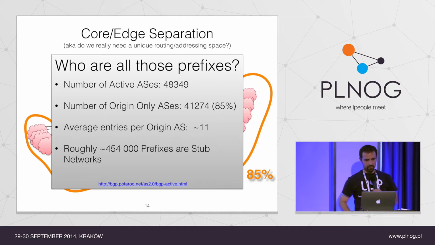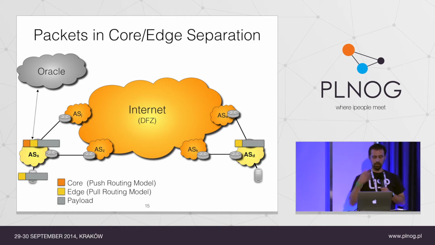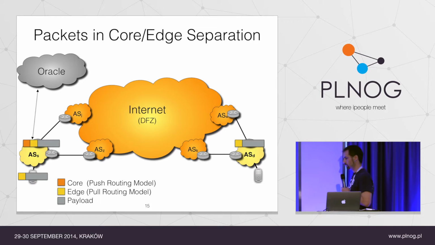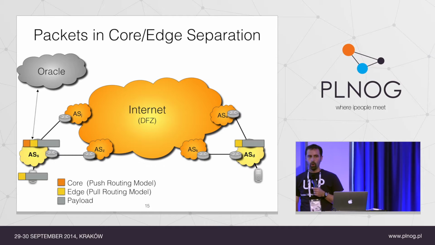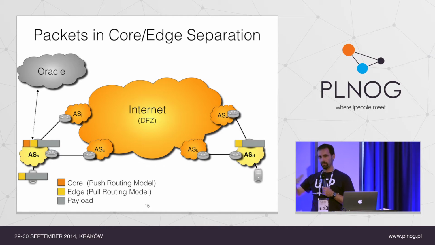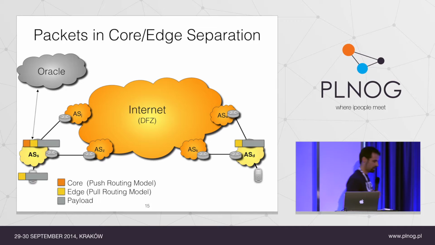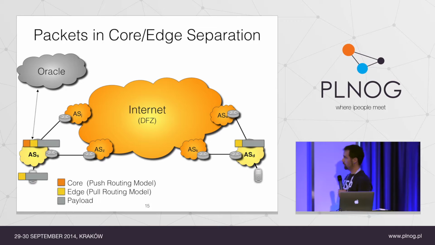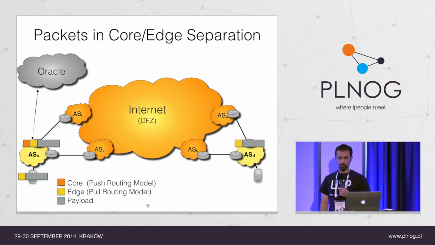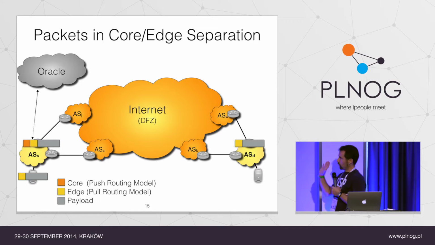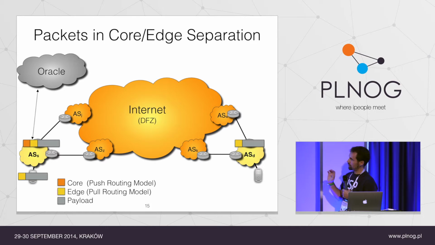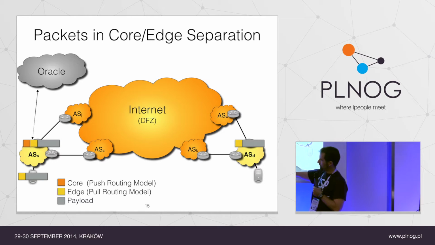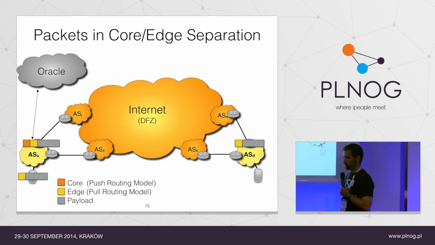Now, looking at these figures, the question is, do we really need to use such an architecture and put the edge and the core all together? What if we separate the core and the edge and we use a different routing infrastructure, or even a different routing model between the edge and the core? What if we do magic and we separate, we just get rid of everything that is from the edge.